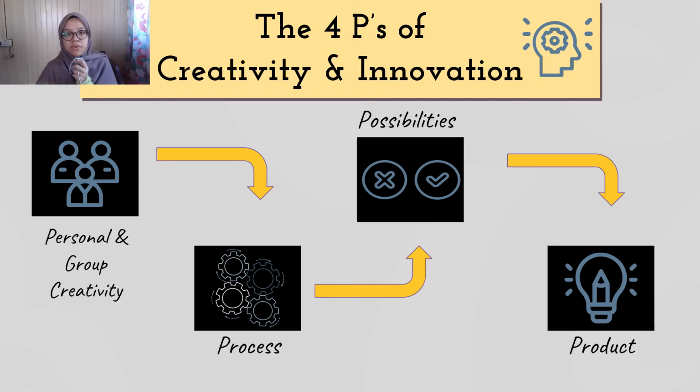For the second P, which is the process, there are numerous techniques that can be used to increase the creativity of problem solving within an organization or business. This will be further explained in the upcoming chapters, and will be presented by my group mates.